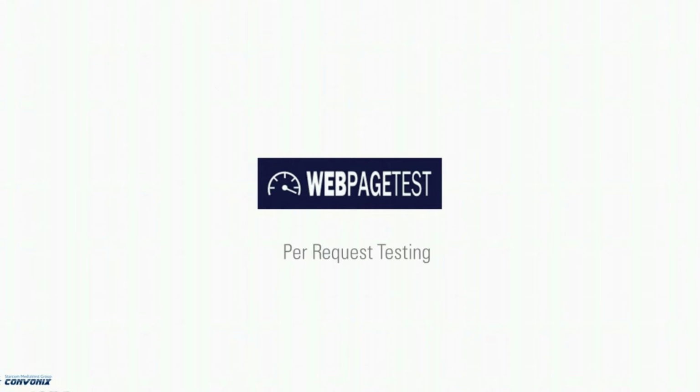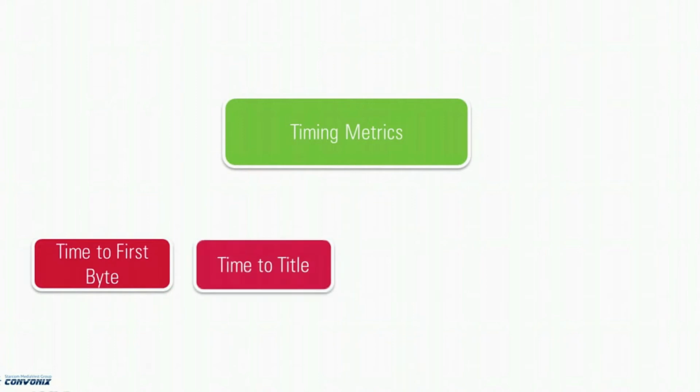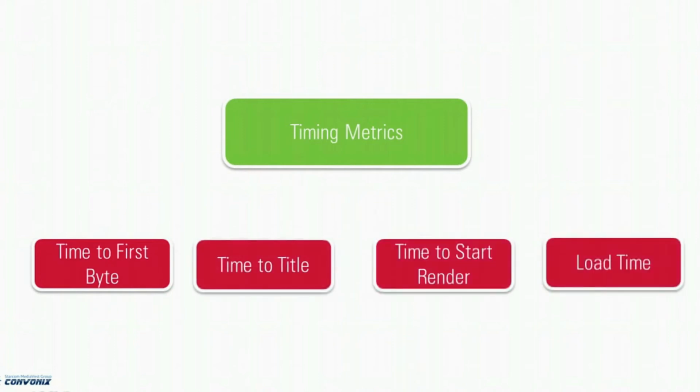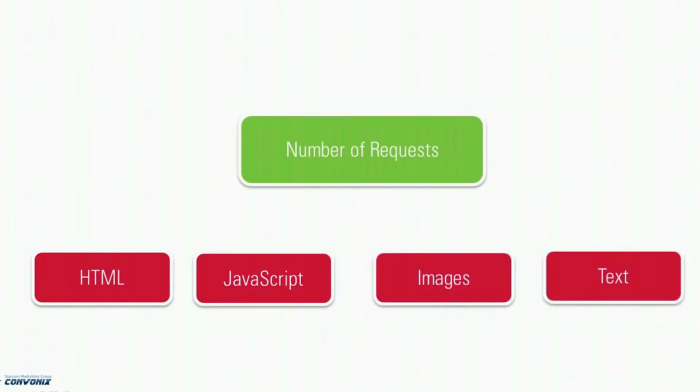Web Page Test had so many metrics to play around that we had to classify them into 3 categories. The timing category gave us metrics like time to the first byte, time to title, time to start render, and our favorite, load time. The usual metric number of requests was also present, but this time we could really go granular and see the split up for elements like HTML, JavaScript, images, and text.